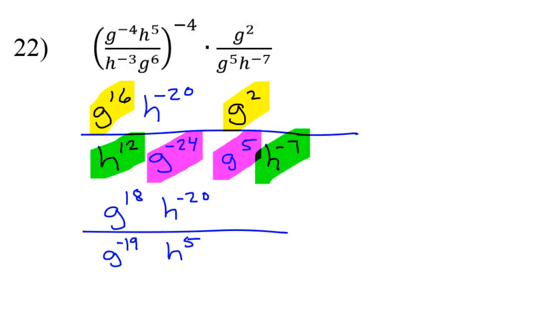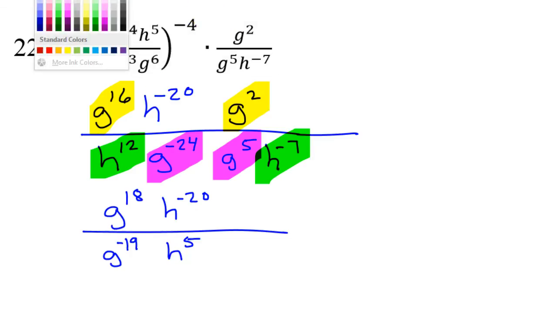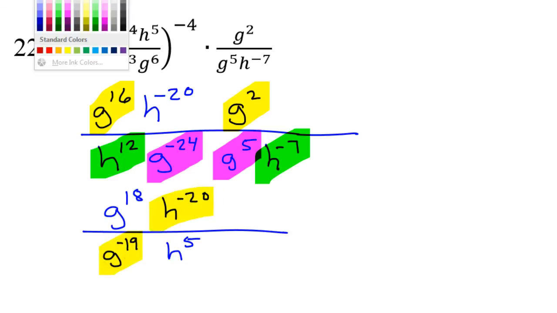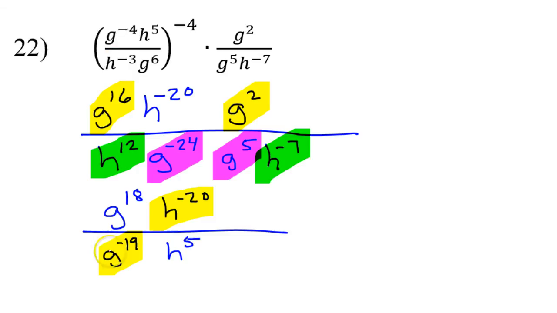All right, and now it's time to deal with my negative exponents. This has a negative exponent and this has a negative exponent. So that means this is going to go up. So I will have g to the 19th power up there. And this is going to drop down. So I'm going to have h to the 20th power right there.